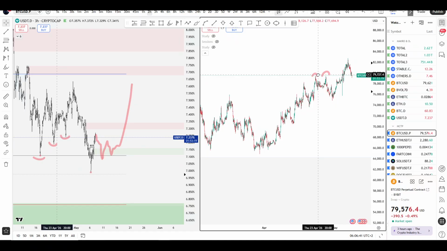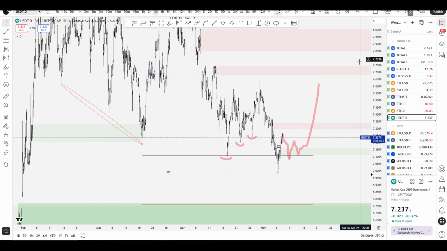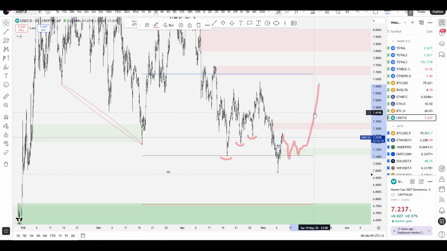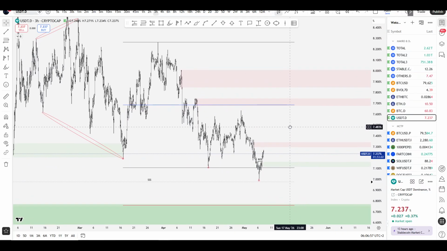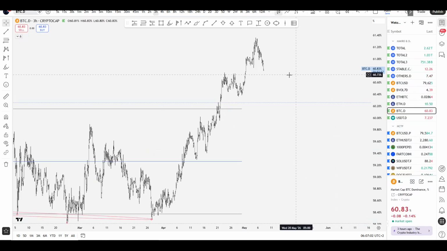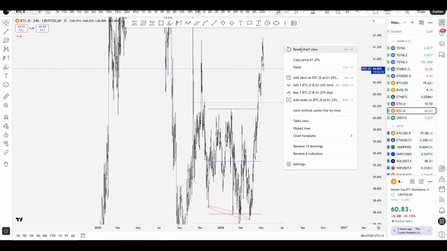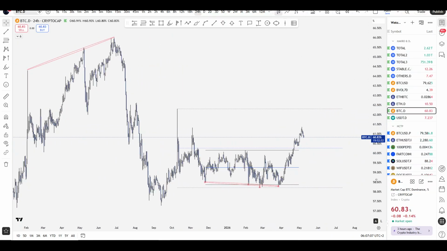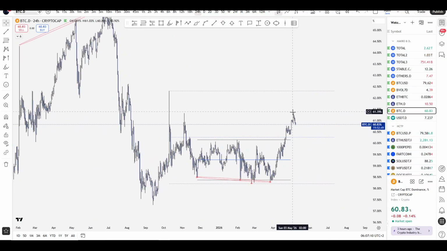Because altcoins were pushing aggressively. Ton was pushing aggressively. I think the EC and some other coins were pushing very, very aggressively. And obviously when other coins are pushing aggressively, this goes down. But as we are increasing in Bitcoin dominance, it would mean that when Bitcoin goes down, altcoins go more down, and if Bitcoin goes up, altcoins go less up.